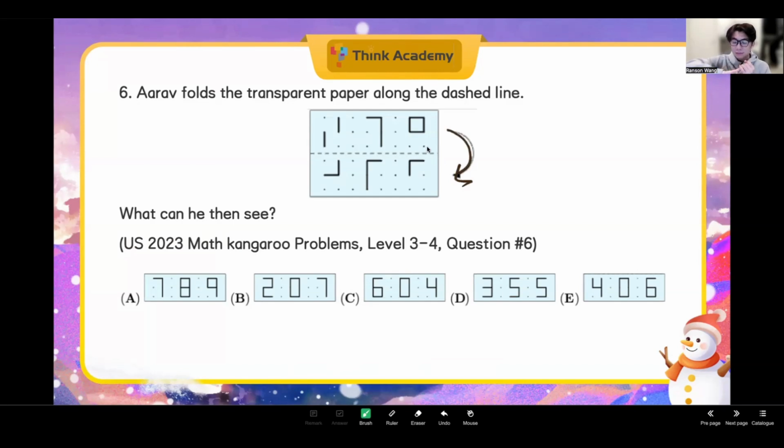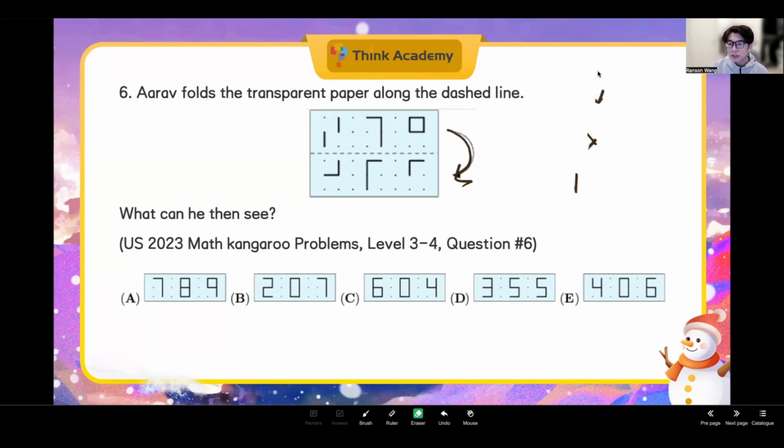That's the symmetry that we learned. For example, if I have something like this and I fold from this side to the other side, it's going to be exactly symmetrical. It's going to look like this.